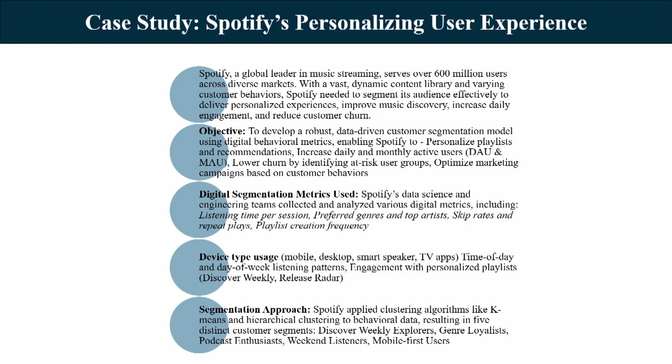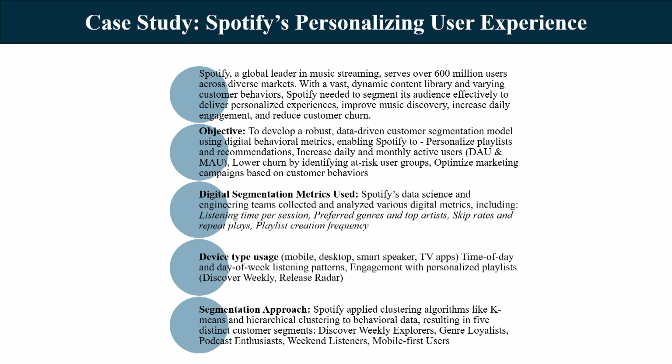Digital segmentation matrix. Spotify's data science and engineering teams collected and analyzed various digital metrics, which included listening time per session, preferred genres and top artists, skip rates and repeat plays, then playlist creation frequency.